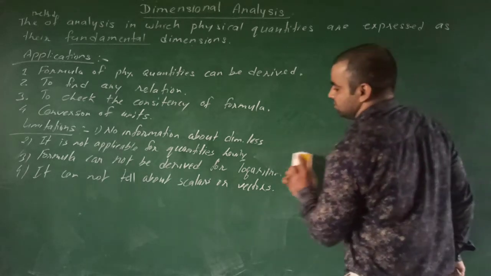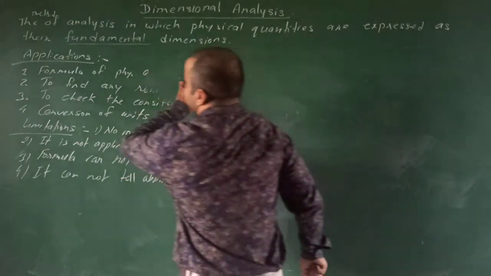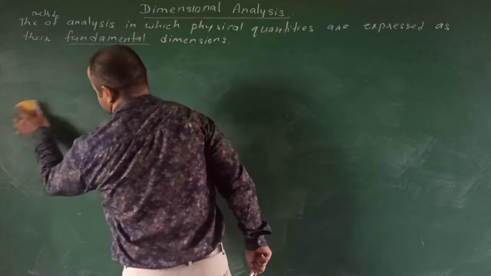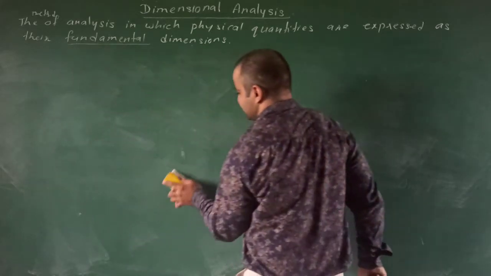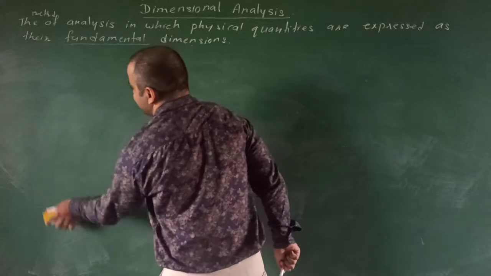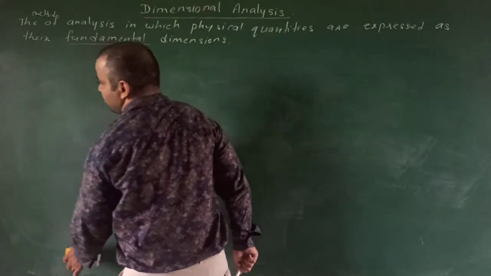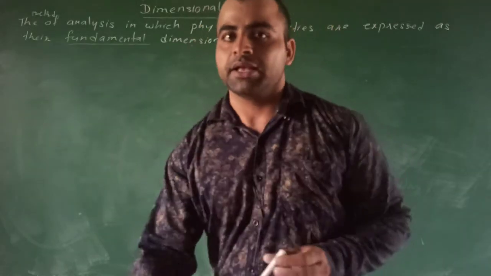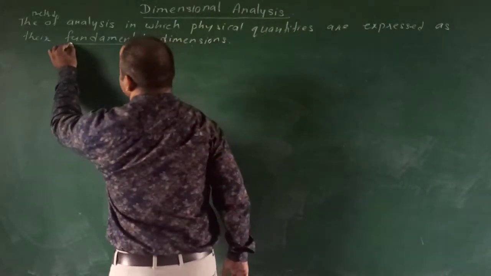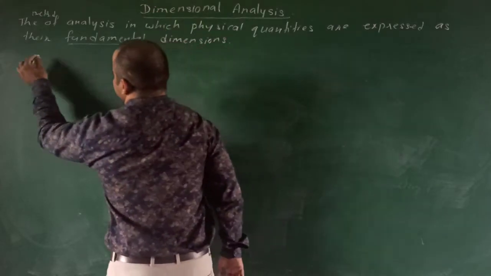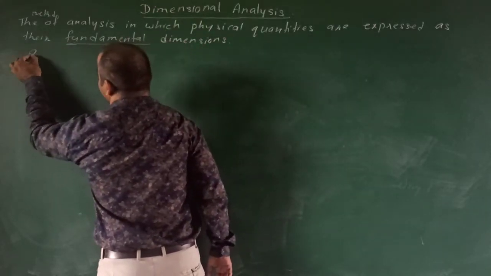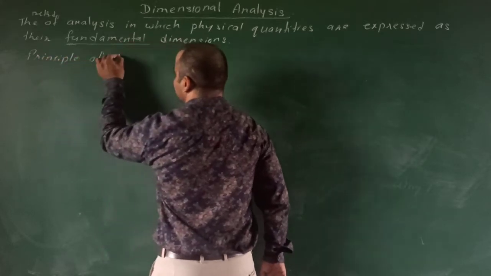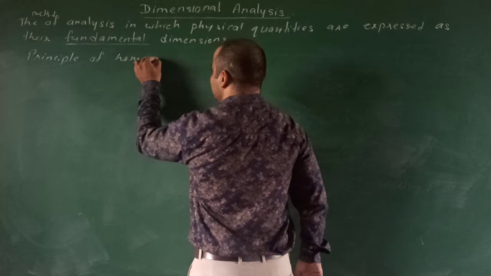We have found out the dimensional formulas for many quantities. Now we will check the consistency or the correctness of the formula. The rule followed in dimensional analysis is the principle of homogeneity.